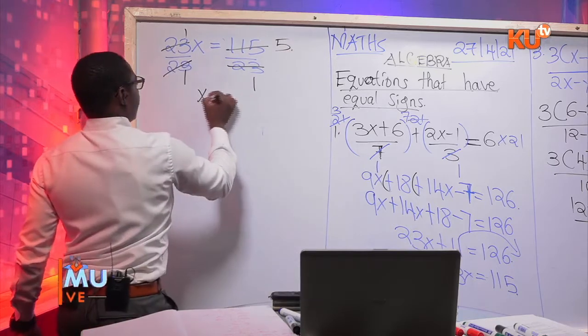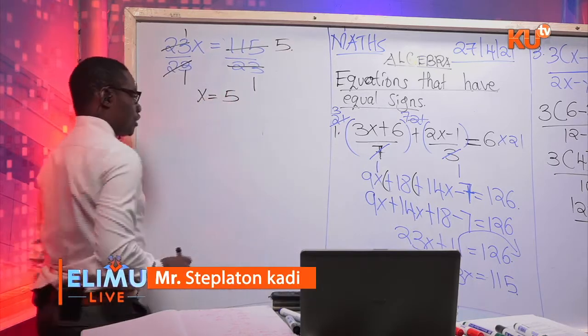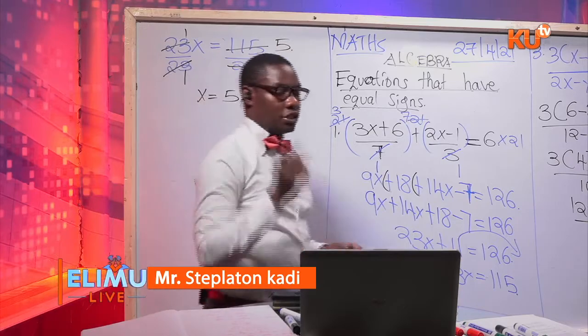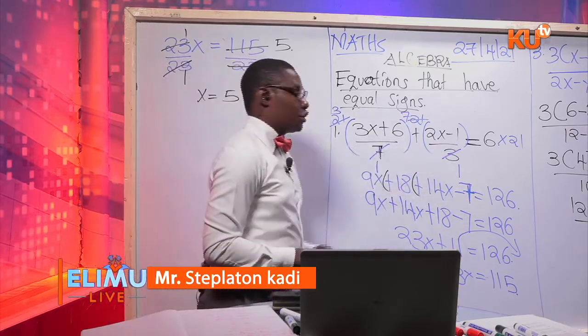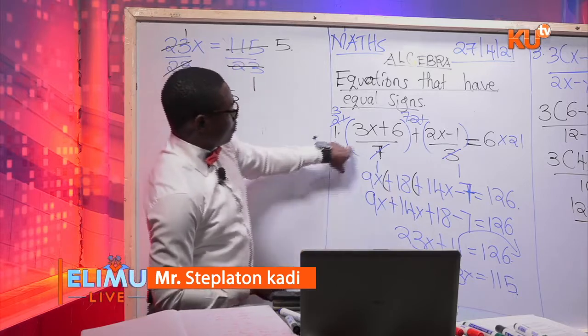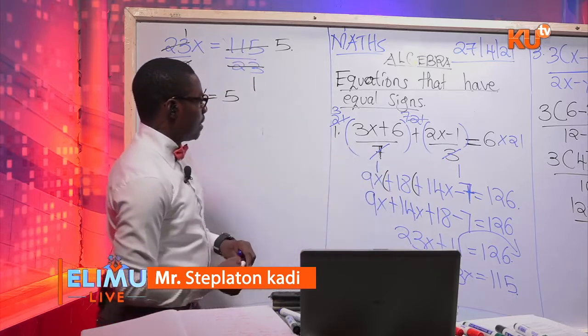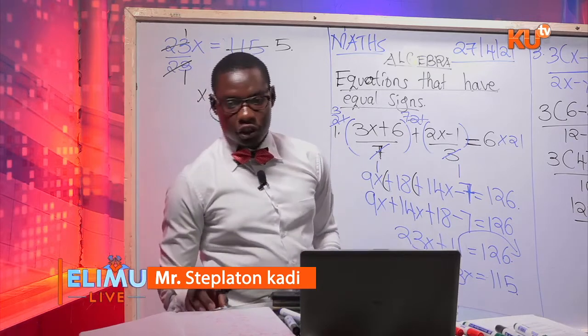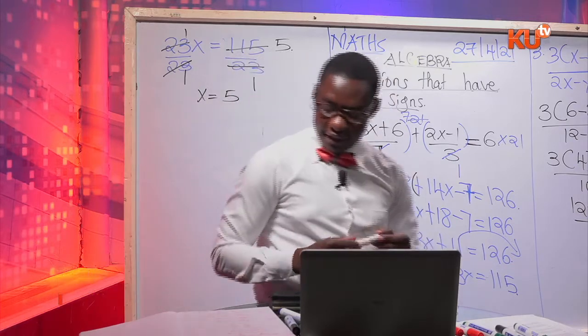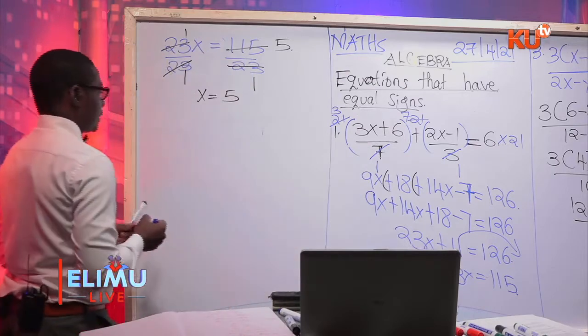So x is therefore equal to 5. That is how we solve such a question that has fraction parts and an equal sign. We multiply both sides by the LCM, then we open the brackets, collect the like terms, and get our answer.